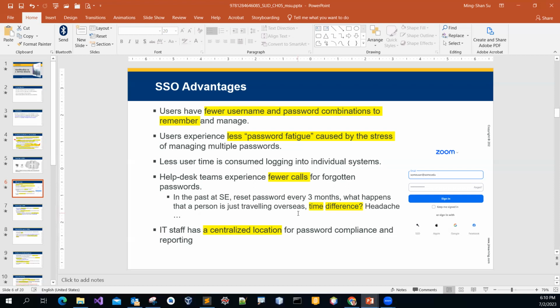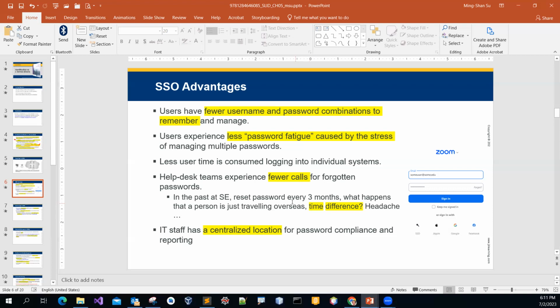For me, in the past, I visited my parents overseas from time to time, and by the time I got there, a few weeks later, I found out, oh no, I have to reset the password, right? Because of this 3 months criteria, and then again I forget the original password.